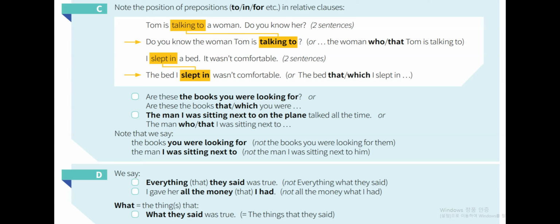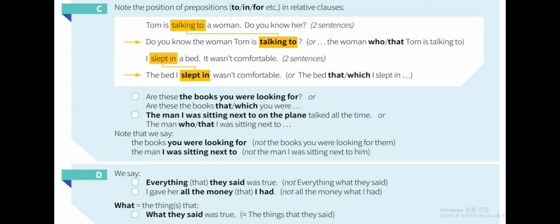The day, the time, the reason. What is this? We say the day we got married, the year I was born, the last time they met, etc. I can't meet you on Friday. That's the day I am going away.